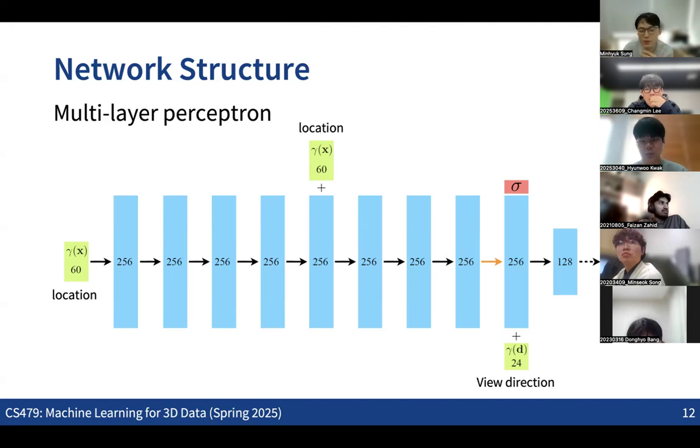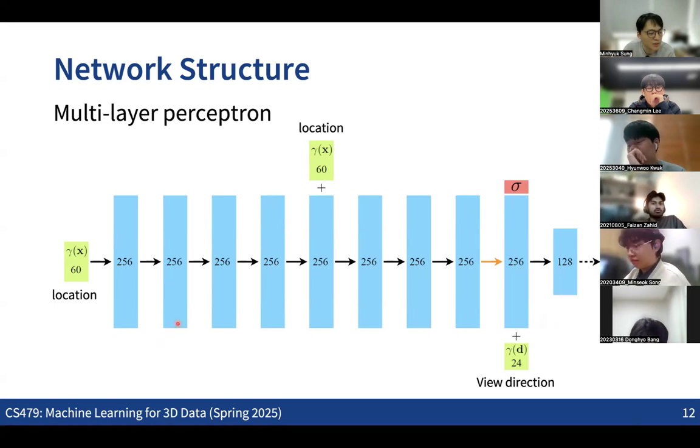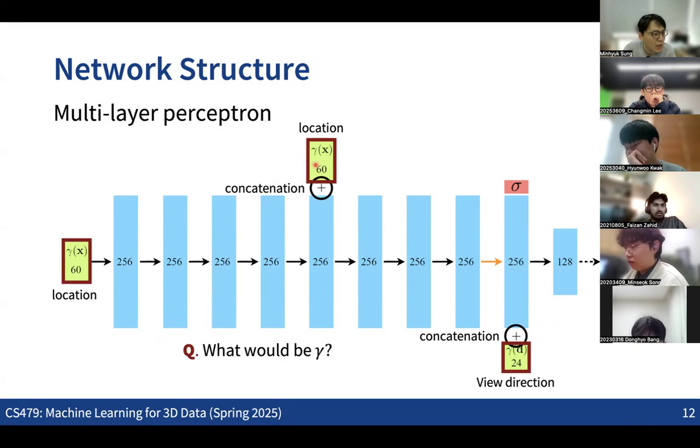But you can see that it doesn't need to be specifically this architecture; you just need to have any arbitrary MLP network to predict those two quantities. But here are a few things that are quite important in terms of implementing this. The first thing is that we have the gamma function here.